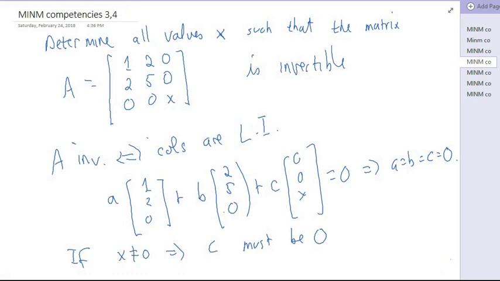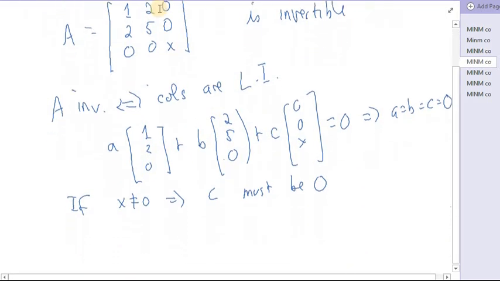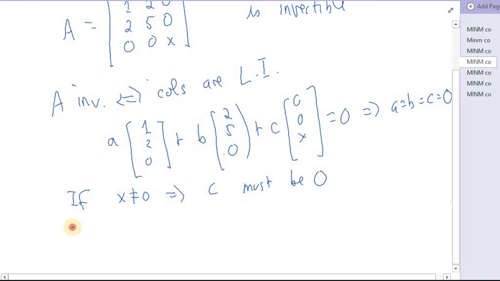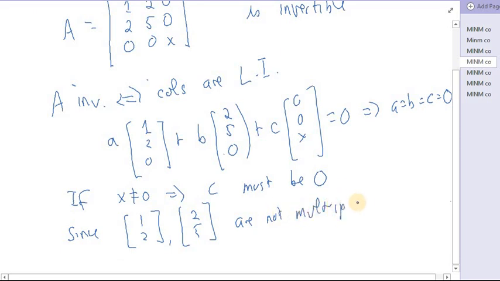So, since (1, 2) and (2, 5) are not multiples of each other, that tells me also that a equals b equals 0.